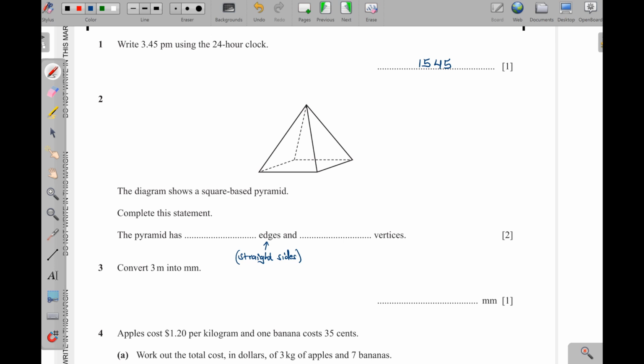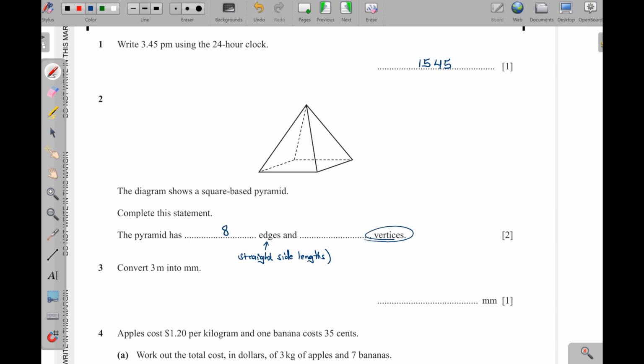Okay, straight side lengths, maybe, if I may say, side lengths would be better. So this is 1, this is 2, this is 3, this is 4, this is 5, this is 6, 7, then 8. So we shall have our answer here as well, 8.